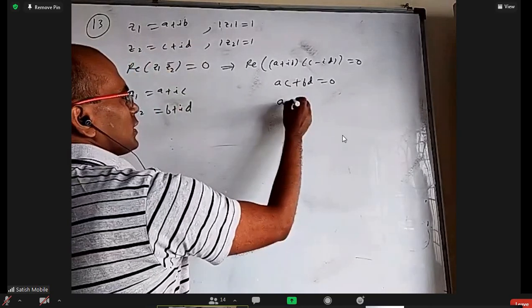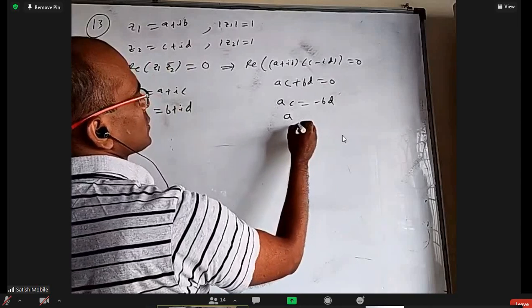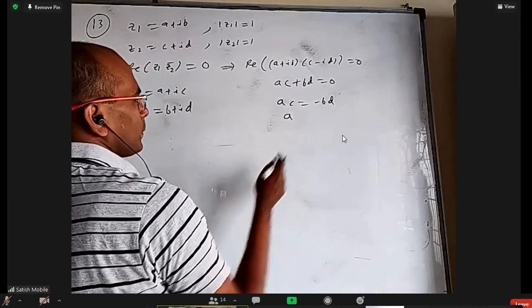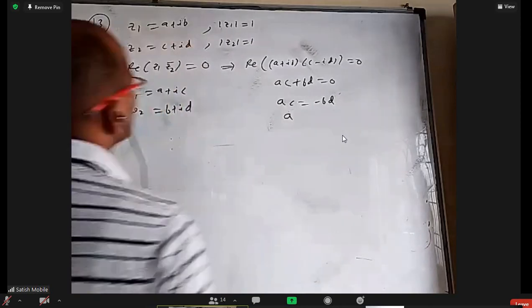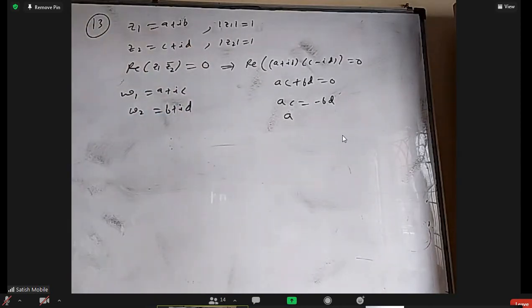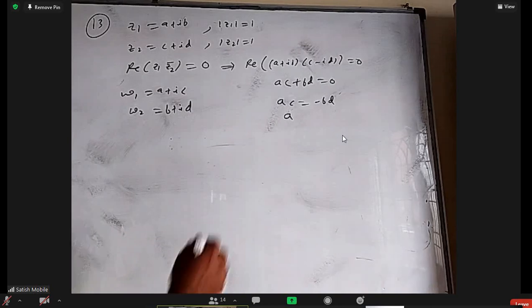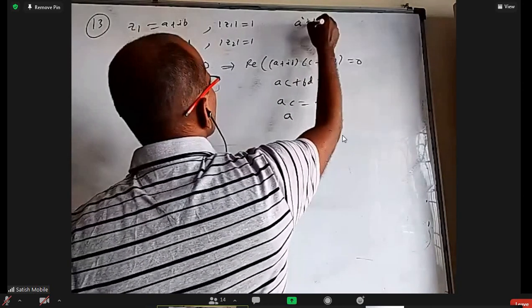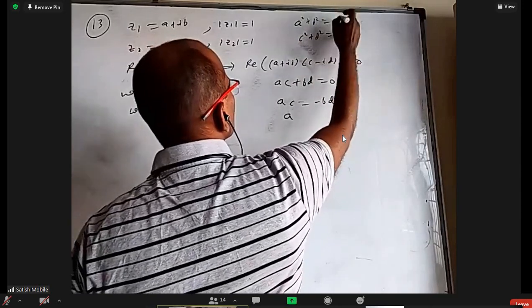We will get here AC equal to minus BD. We also know A square plus B square equal to 1 and C square plus D square equal to 1.